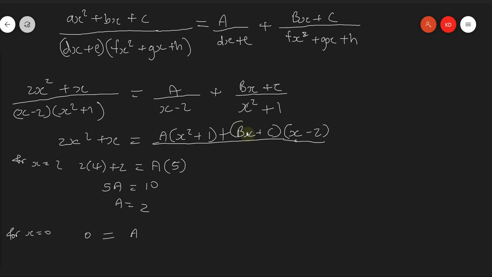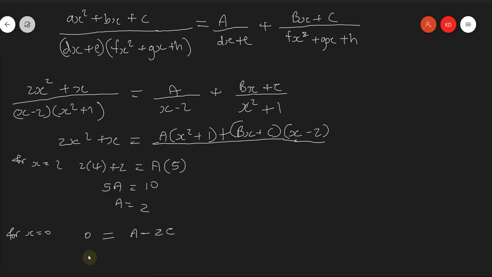And now b times 0, that's 0, so that would leave us with c here in this bracket, and a negative 2 would be left in this bracket out here, so that's just c times negative 2, which is negative 2c. Good. So we have a minus 2c equals 0, and if we recall from here, a is equal to 2, so we can just plug the 2 in this equation.